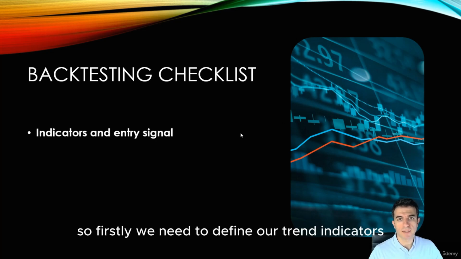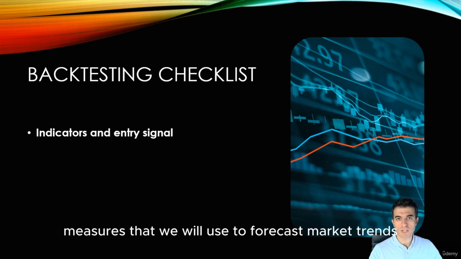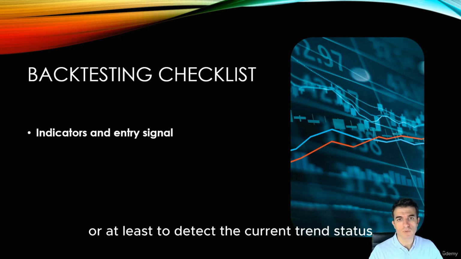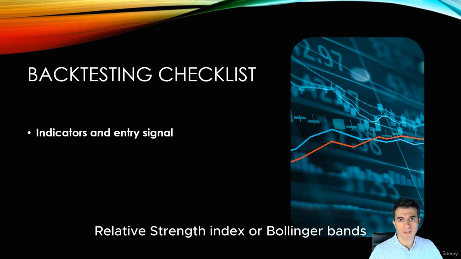So firstly, we need to define our trend indicators and entry signals. As we have seen in previous sections, trend indicators are statistical measures that we will use to forecast market trends, or at least to detect the current trend status. These indicators can range from simple moving averages to more complex ones like the relative strength index or Bollinger Bands.